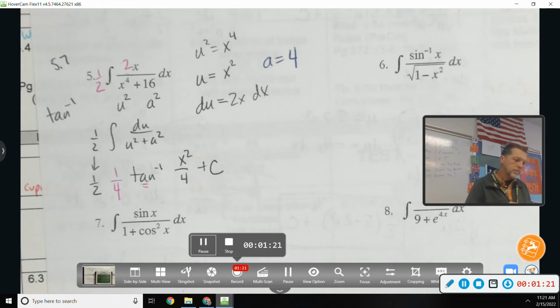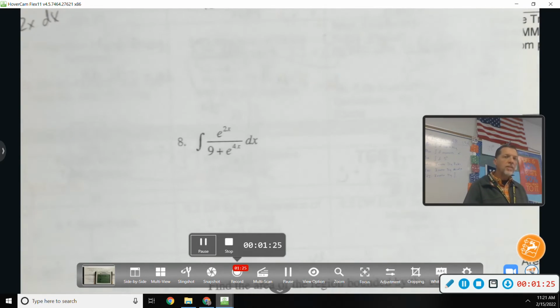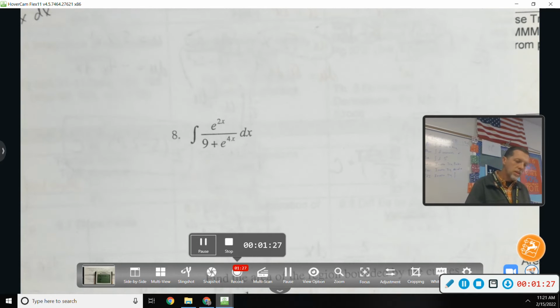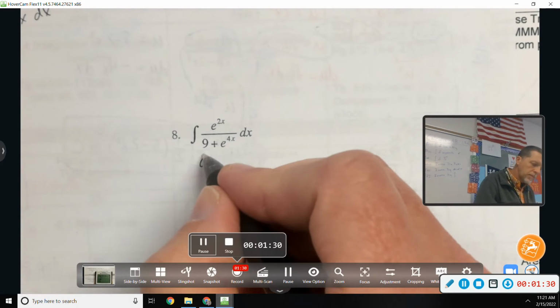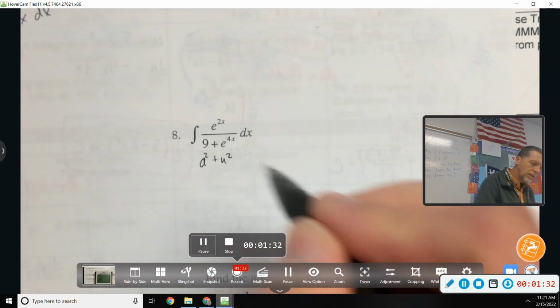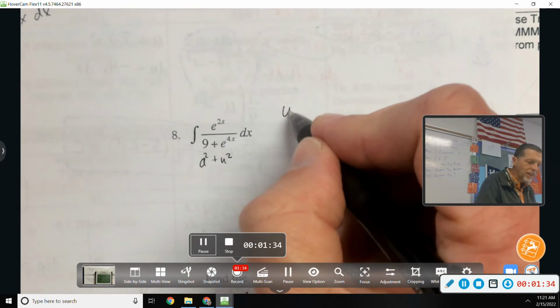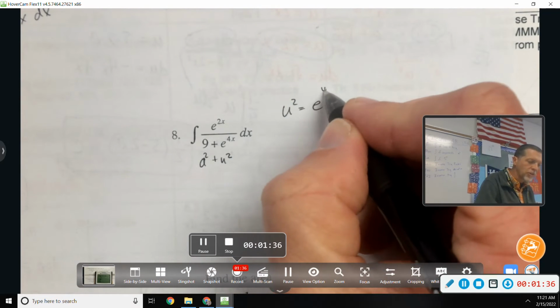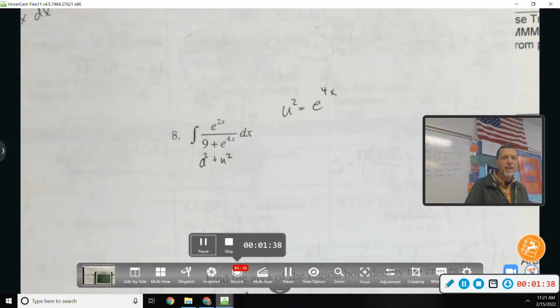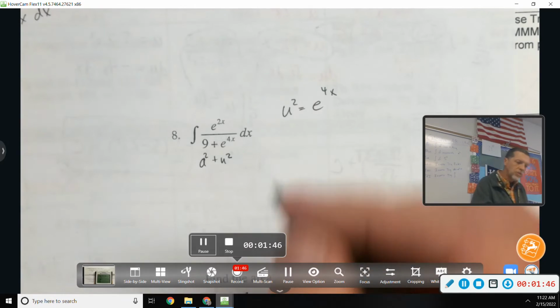And then on number 8, that's also a tangent problem. Number 8 is also a tangent problem. A squared, u squared. Or at least it looks like a tangent problem. I guess I don't really know that for sure until the du dx thing matches up. So if u squared is e to the 4x, what is u equal to?